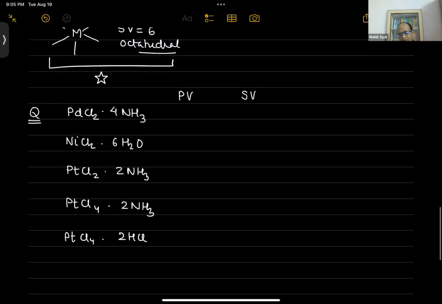And also you can tell me the number of moles of AgCl precipitated with AgNO3.